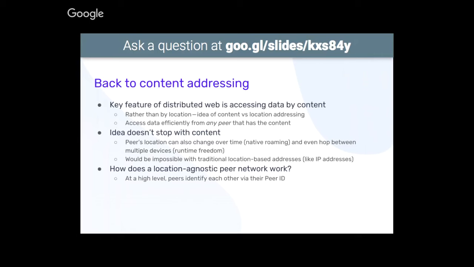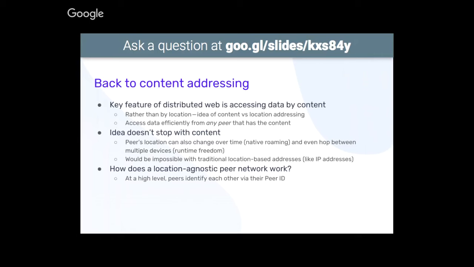And the reason we might want to do that is because a peer's location can actually also change over time. So this is sometimes called native roaming, or even hopping between multiple devices, right? And this is called runtime freedom. So if we have some peer account and we've got it installed on multiple devices, we might want to take that into account.